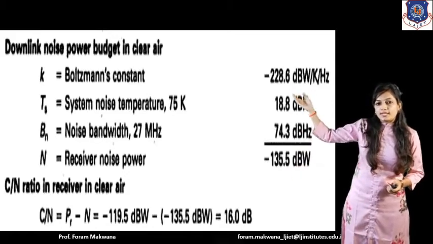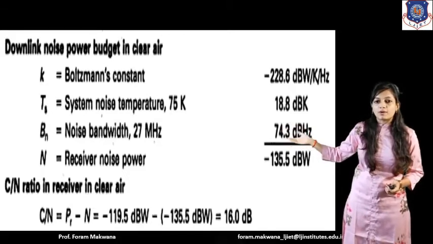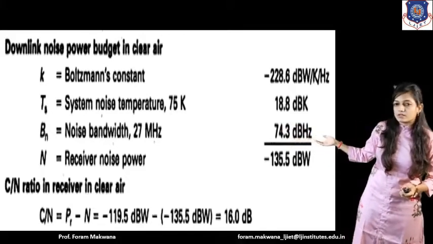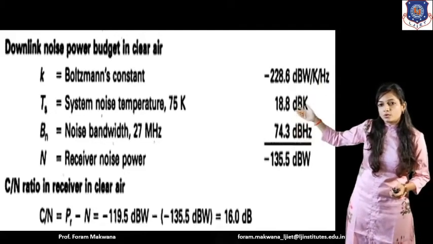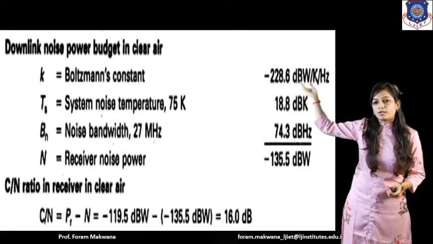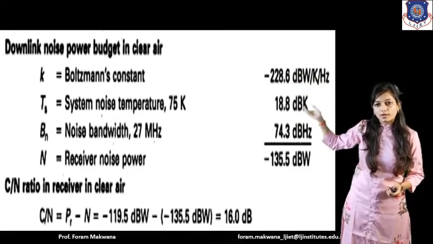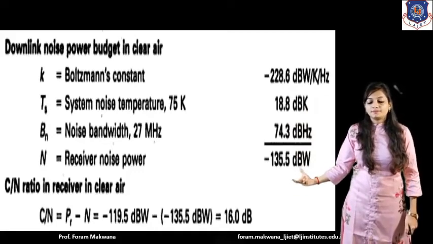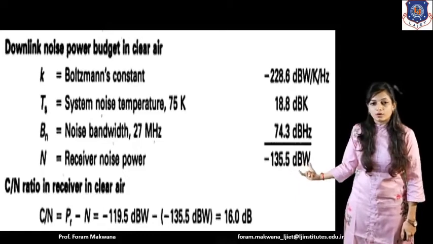Okay, so k T B_N, where B_N stands for noise bandwidth, is given as 7 megahertz, which is 68.5 dB, and these two quantities are added to the minus 228.6 dBW per kelvin per hertz. Okay, so my final quantity, the receiver noise power, is minus 135.5 dBW.